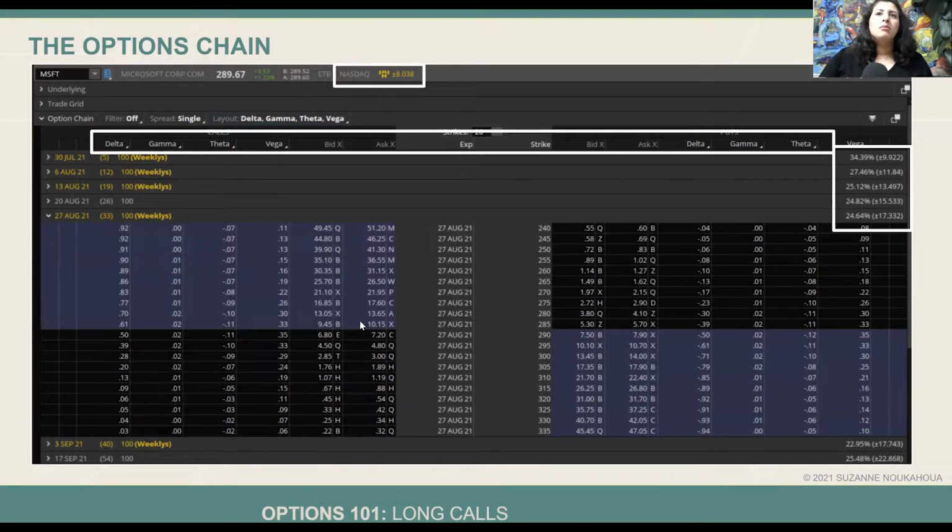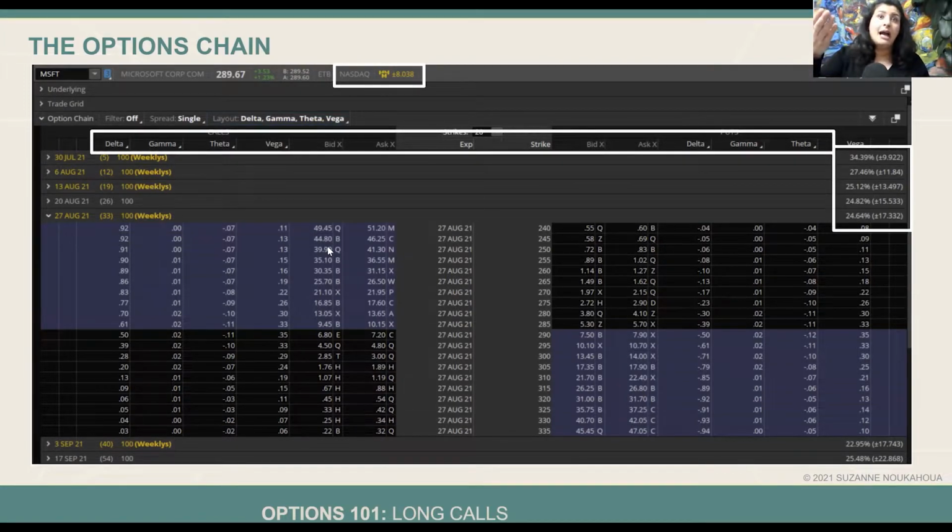So $280, 270 is obviously lower than what the current value is. And if you were to create a contract based on these values, you're asking the broker to give you the right to buy Microsoft at $270. That would be considered in the money, because it is a value that is lower than the current value, which would be a benefit to you.